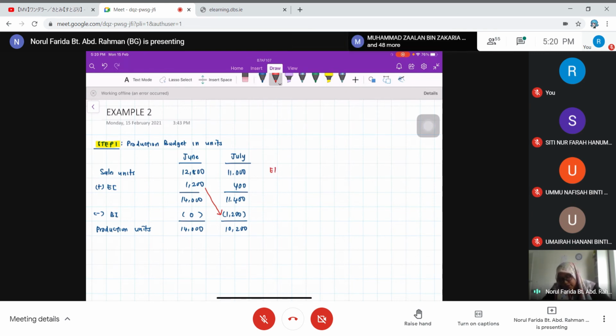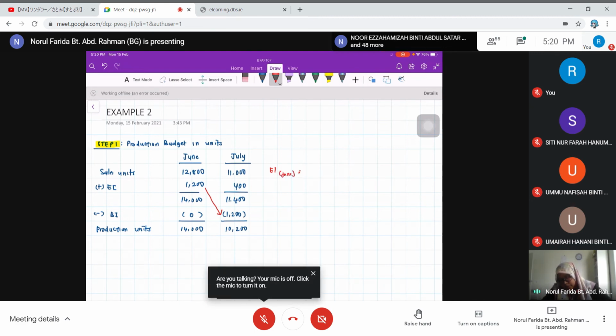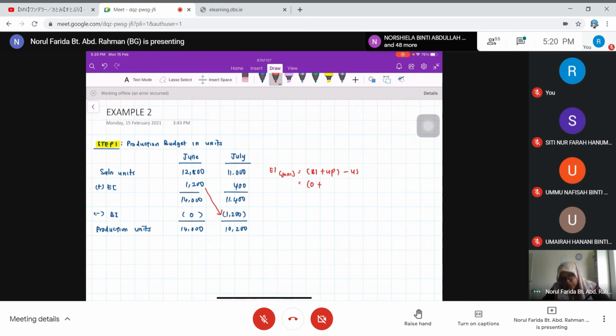Ending inventory untuk Jun. Same thing lah ni. Beginning inventory plus unit produce minus unit sold. Beginning inventory untuk Jun adalah kosong. Unit produce dia 14,000. Unit sold adalah 12,800. So akan dapat 1,200.